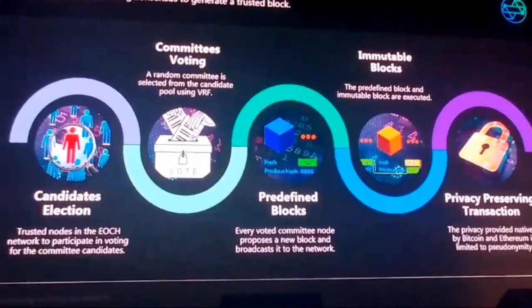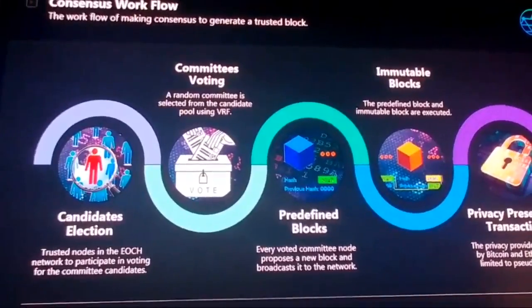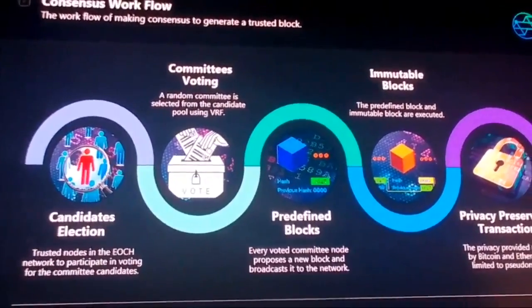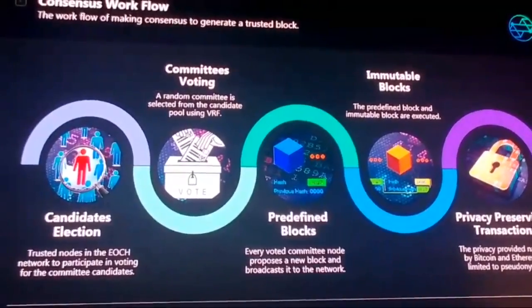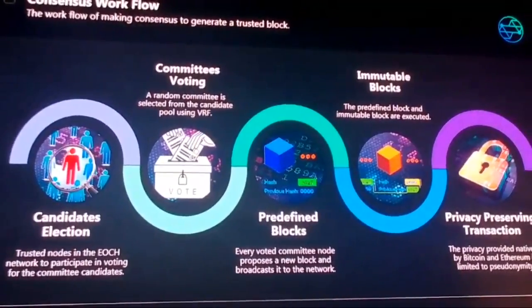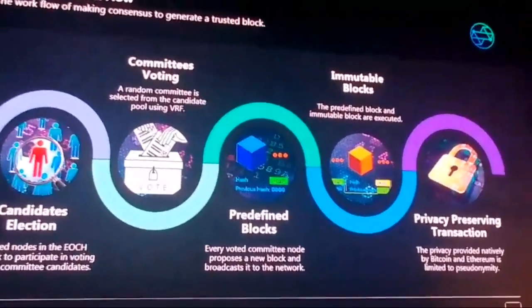Alright. So this slide shows you the consensus workflow. To start, you have a candidate election. And then move on, you will have the committee voting, a random committee selected from the candidates using the VRF, right? So this is another consensus.